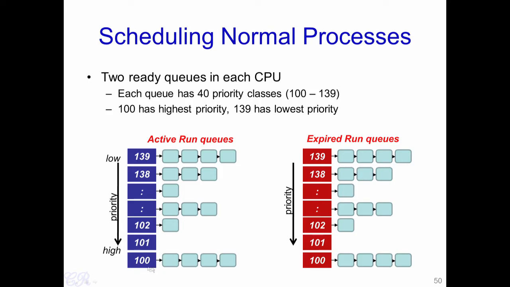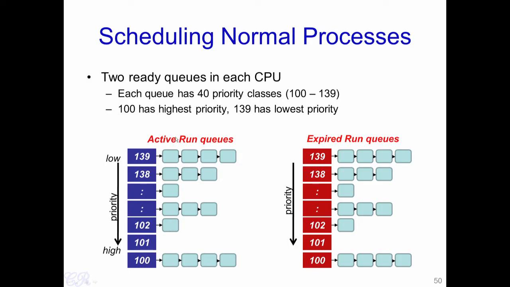Corresponding to each of these classes, there is a ready queue. Every task present in the ready queue corresponding to a particular priority class has equal priority to be executed on the CPU. On the other hand, a process present in the 100th priority class has a higher priority to execute with respect to a process present in the ready queue corresponding to 102.